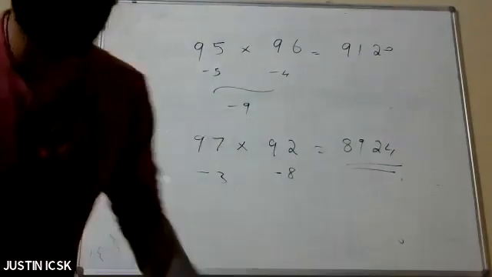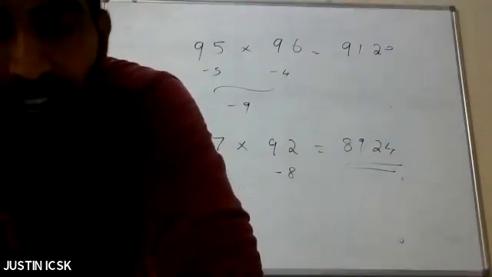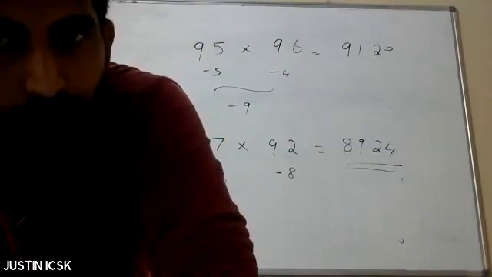Now, what we did is, first two numbers are above 100, next two numbers are below 100, right?